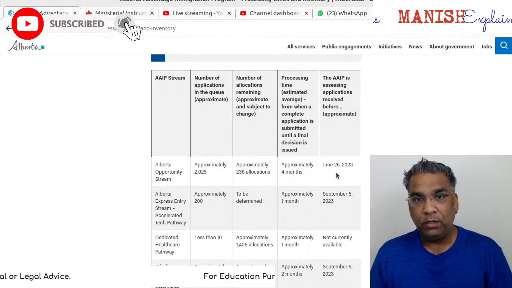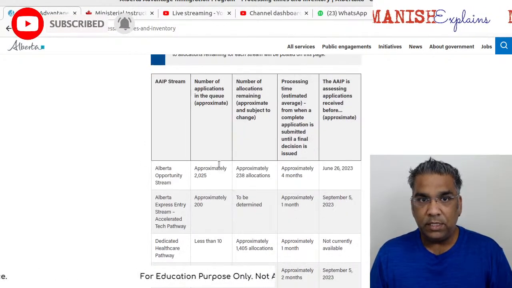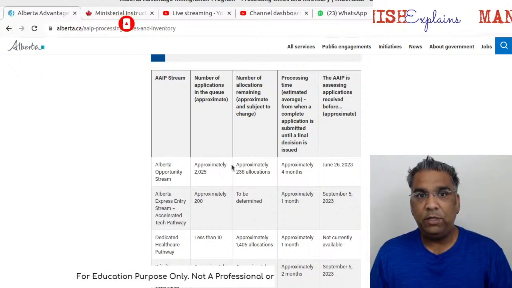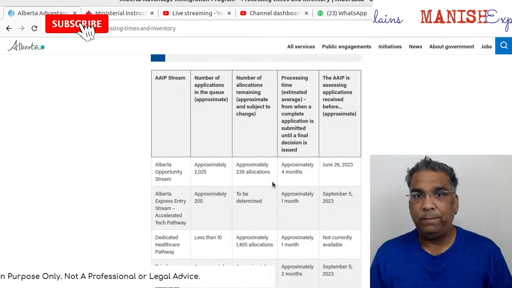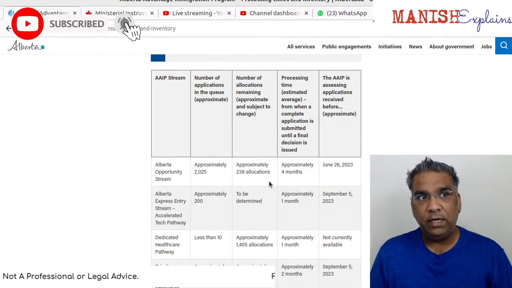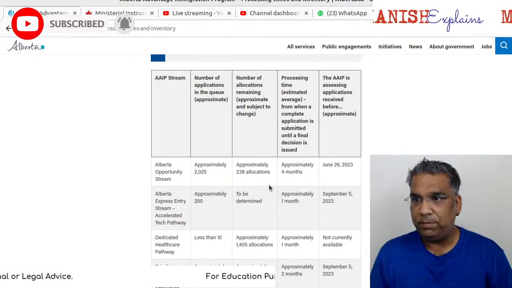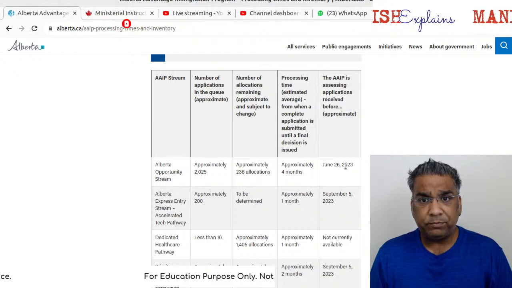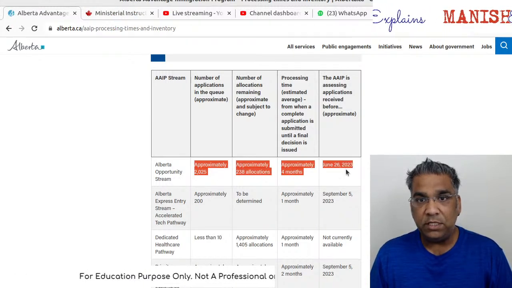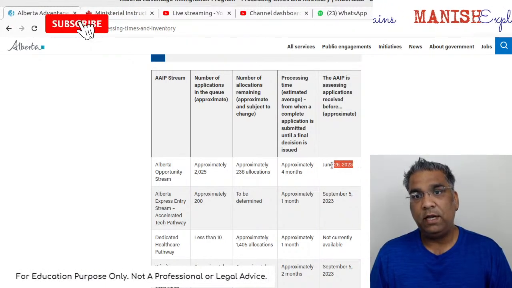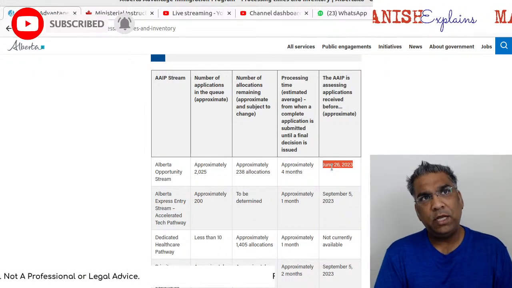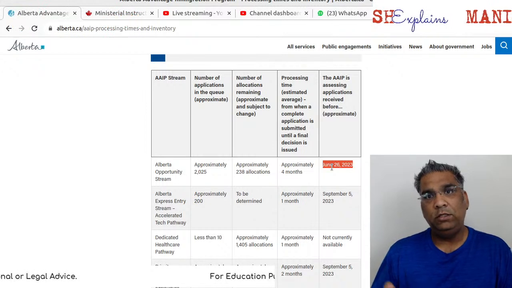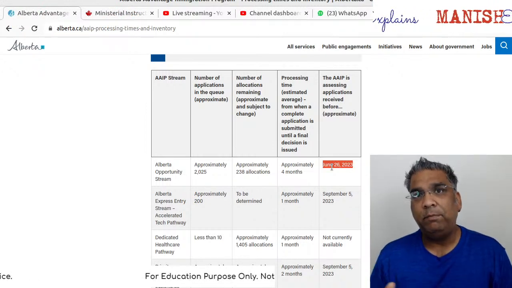Okay. So let's now look into the actual numbers. Here is again a very good table which gives an idea about the current processing. Right now we are at the 21st of September, I think, and for the Alberta Opportunity Stream they are processing applications from the 26th of June. July, August, September, so it's backed up by almost 3 months.